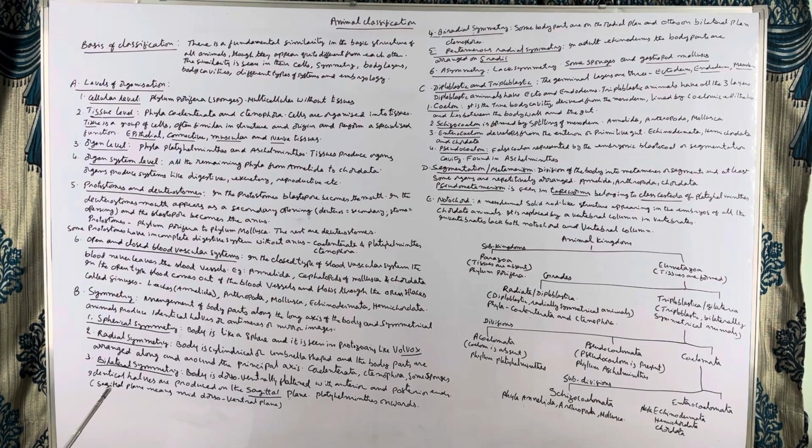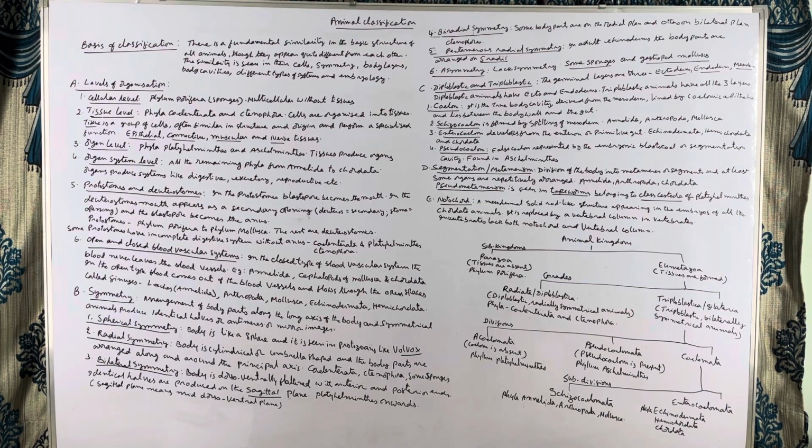They are epithelial tissues, connective tissues, muscle tissues, and nerve tissues. So in the next phylum, that is phylum Coelenterata or phylum Cnidaria, and also in phylum Ctenophora, cells are organized into tissues. So we find tissue grade of organization in phylum Coelenterata and phylum Ctenophora.